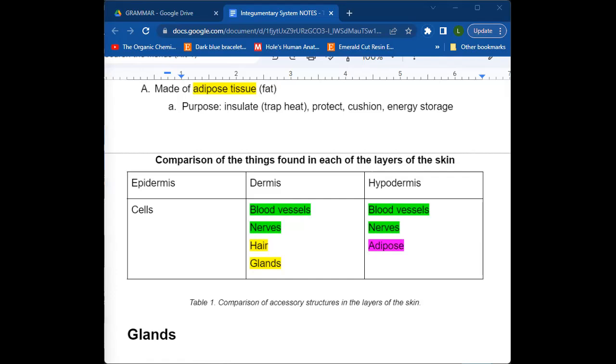So if a question is asking, in which of the following layers would you find a sebaceous gland? Or even an eccrine sweat gland? It doesn't even matter what kind of gland it is. The only correct answer is the dermis. There are no glands in the epidermis or the hypodermis, only in the dermis.